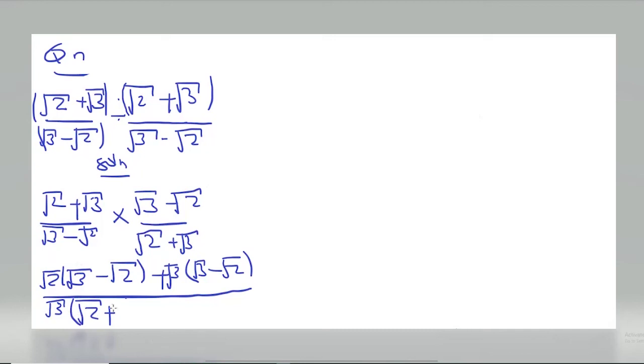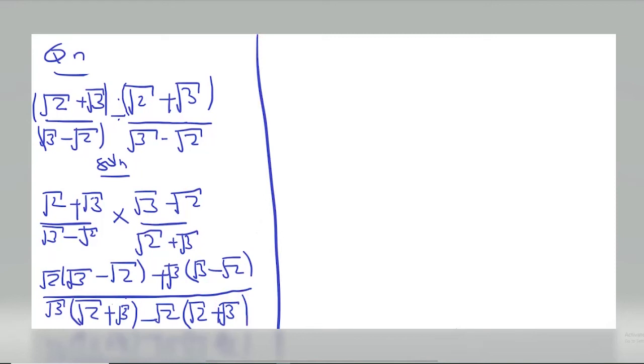Now 2 plus 3 under root, then minus 2 under root, this one, then in the bracket the number is 2 plus 3. Now next section, because 2 under root times 3 under root is equal to 6 under root.